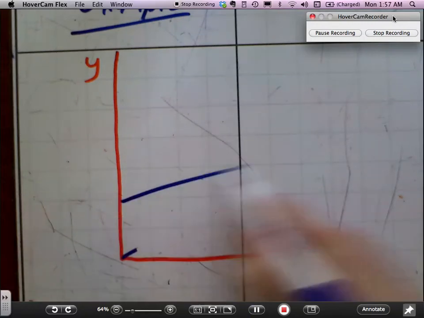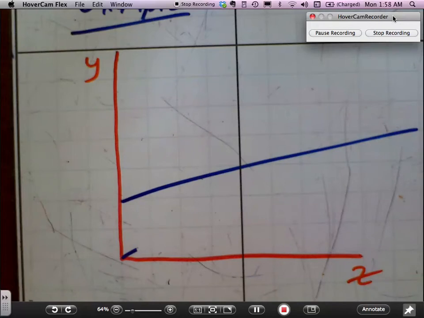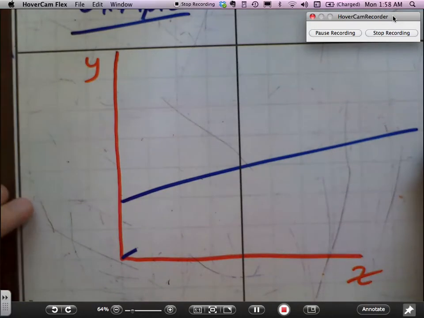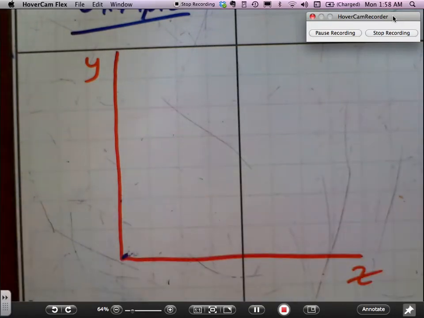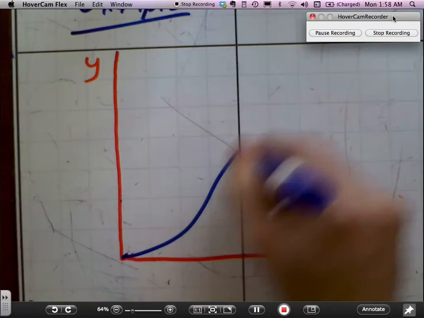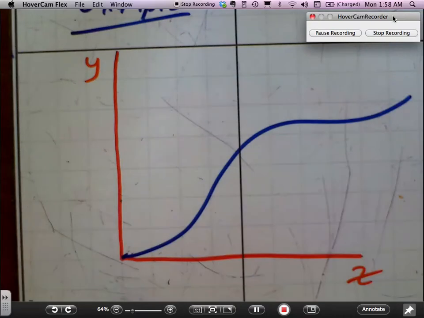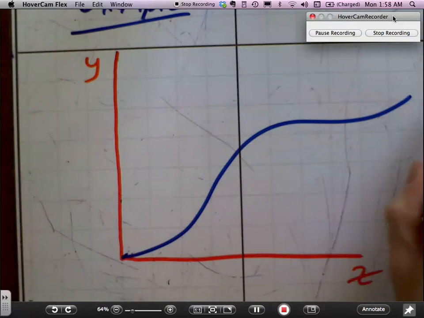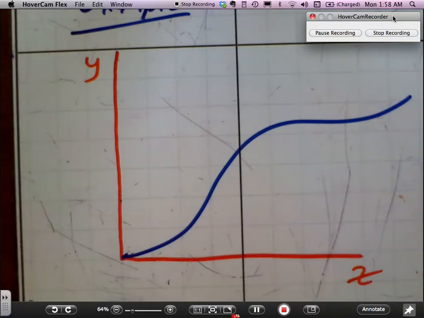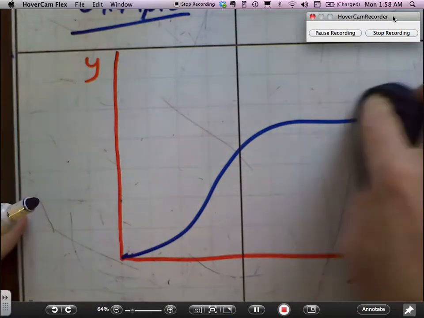This would not be an example of direct variation because even though that's a straight line, meaning it has a constant slope, that line does not go through the origin. Although that one goes through the origin, it obviously doesn't have a constant slope. The slope increases for a while here, then it starts to decrease a little bit, then it increases again. So the slope is not constant, hence not a direct variation.